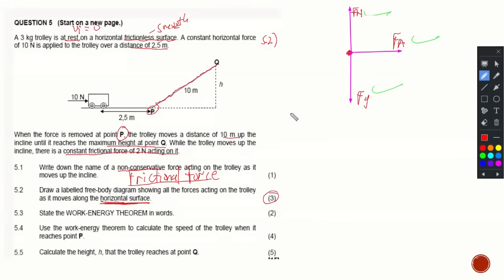And then 5.3 is now saying what? State the work energy theorem, right?